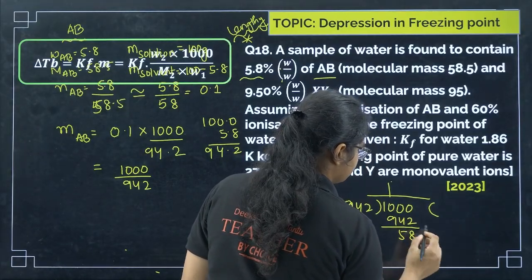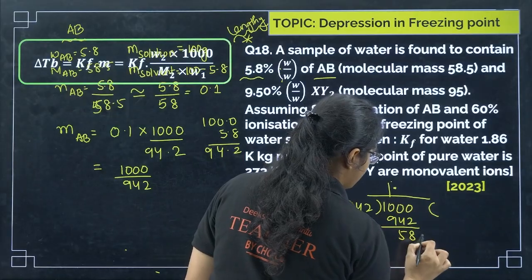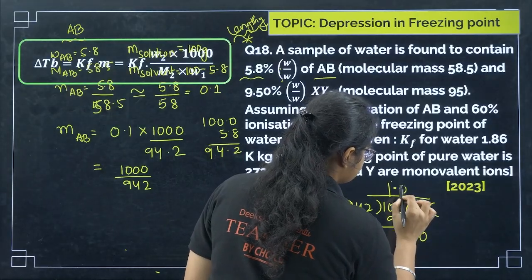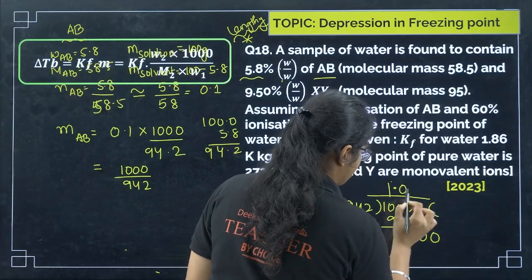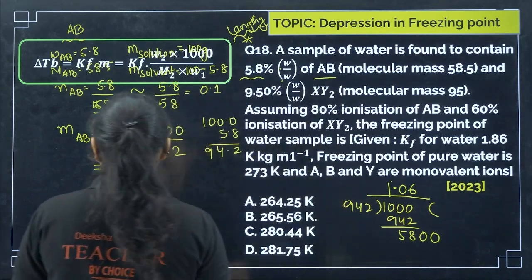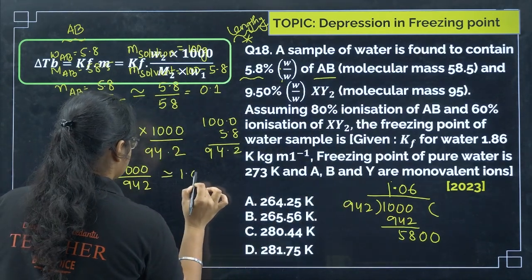It won't be further divisible, so I'll add a decimal point here and add zeros, and then 6 will be there. So I can have this as 1.06.